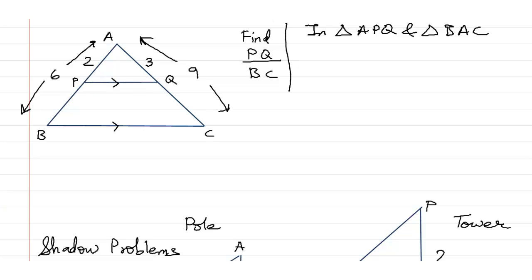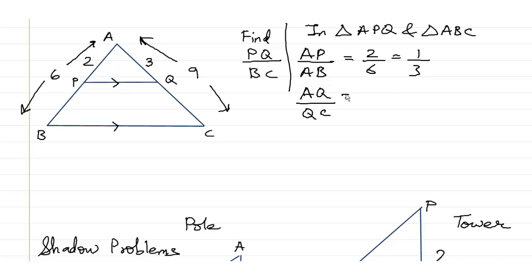If the name of the triangle is APQ, the other triangle should be ABC, because the correspondence of A is A, of P is B, and of Q is C. We can say that AP upon AB, which is 2 upon 6, which is 1 upon 3, and AQ upon AC is equal to 3 upon 9, which is again 1 upon 3.